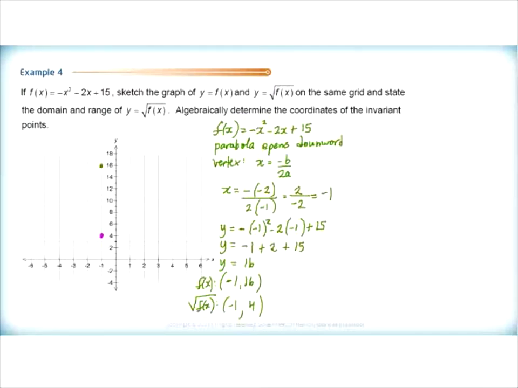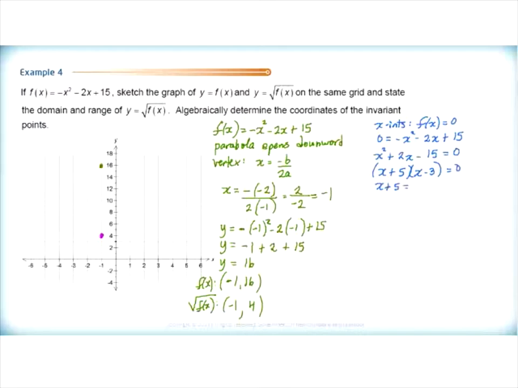So now, let's go and determine the coordinates of the x-intercepts here. So the x-intercepts for this function will occur when f of x is equal to 0. So we would have 0 is equal to -x squared minus 2x plus 15. Bringing all the terms to the left-hand side, we have a positive x squared plus 2x minus 15 equals 0, which factors to be x plus 5 times x minus 3 equals 0.